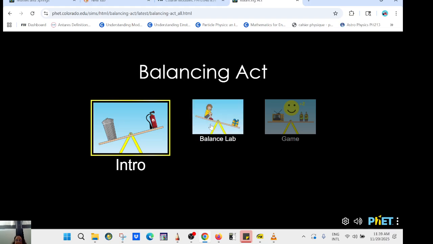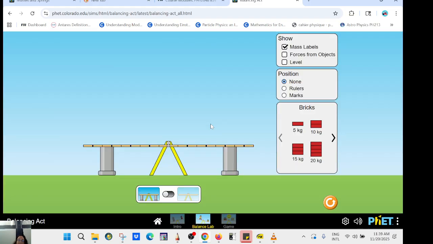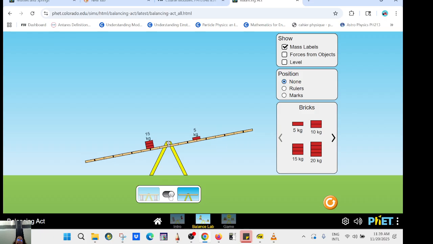I think I will keep that for later. So, for example, if I have 5, okay, so 5 times 3 is 15. So 15, I can place it here, and you see it's gonna be, no. Oh, I didn't put it at 1, right? 1. Now it's gonna be balanced. Okay. It's a seesaw, right?